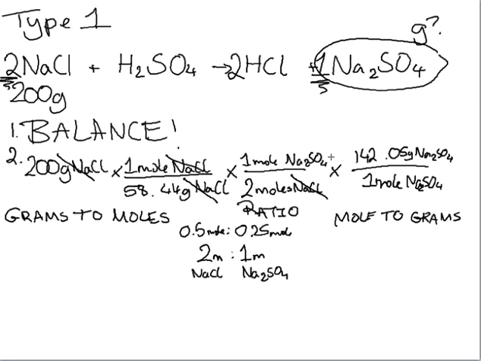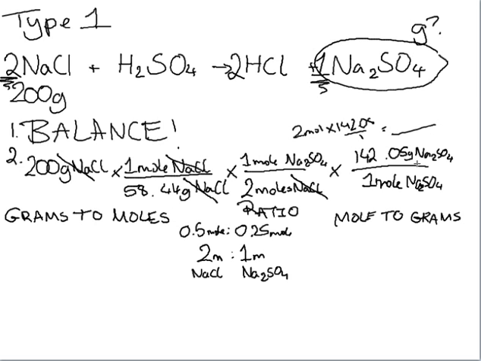After finding out how many moles of Na2SO4 we'd get, we want to find out how many grams that means. For example, if we have 2 moles of Na2SO4, how many grams does that mean? If 1 mole of Na2SO4 means this, it's really simple. It's just 2 multiplied by 142.05 over 1, and that gives you the answer.